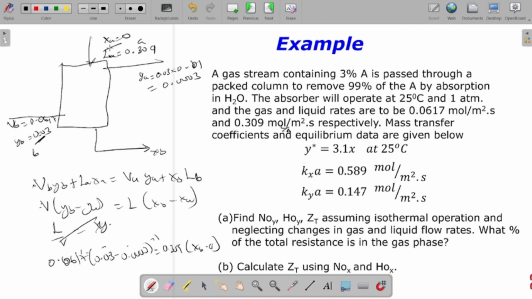XC is 0 because here was a pure liquid, a pure solvent we are using. So XB, when I calculate, gives me 0.00593.